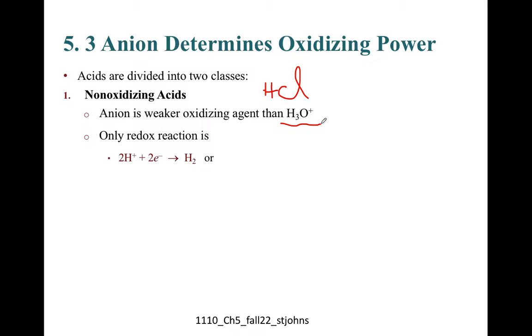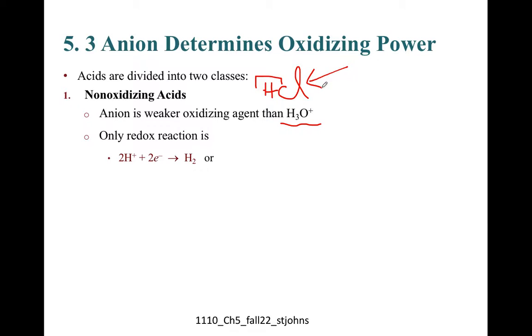That's why in a solution of hydrochloric acid, the only oxidizing agent is hydrogen ion or hydronium ion. However, hydrogen ion in water is normally a poor oxidizing ion, able to oxidize only certain metals. That's why hydrochloric acid is considered a non-oxidizing acid.